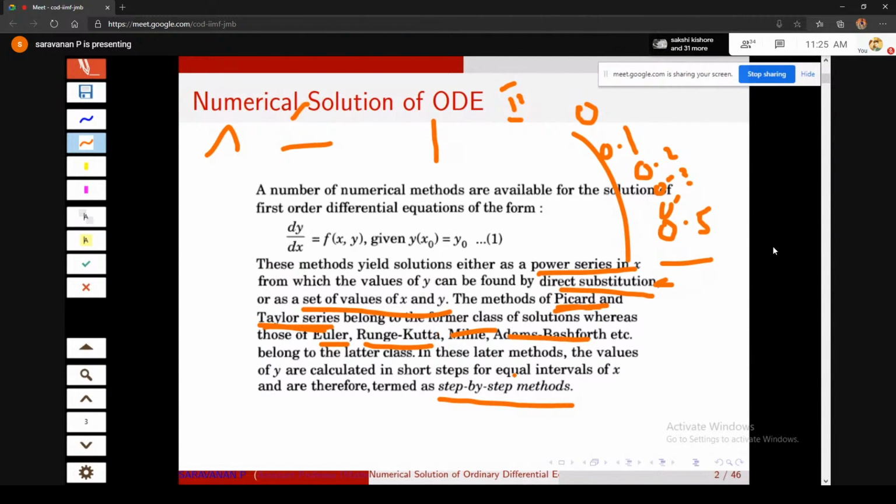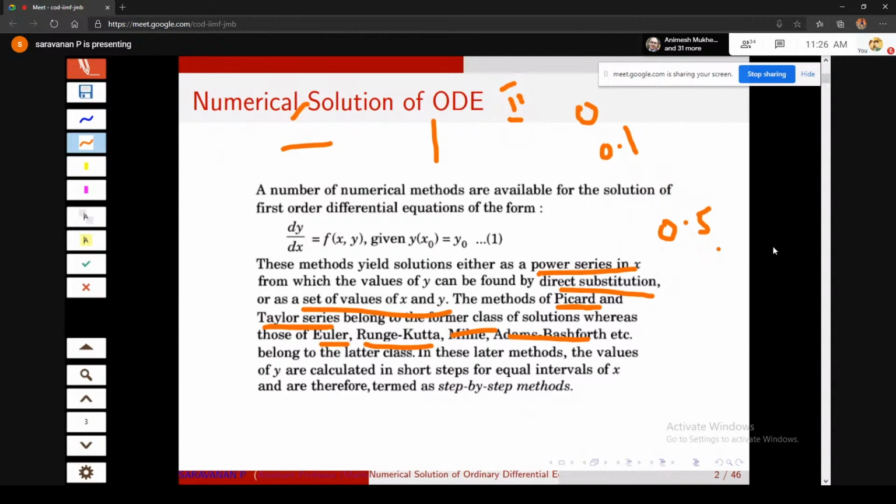The rest of the methods are the step-by-step methods. Can you understand the difference between these two? Yes, sir. Okay, in the first method, there is a series, where we substitute x and get the answer. In the second type, we compute step by step in short steps. For example, you take 0.1 and do it repeatedly, then at 0.5 you will get the answer.